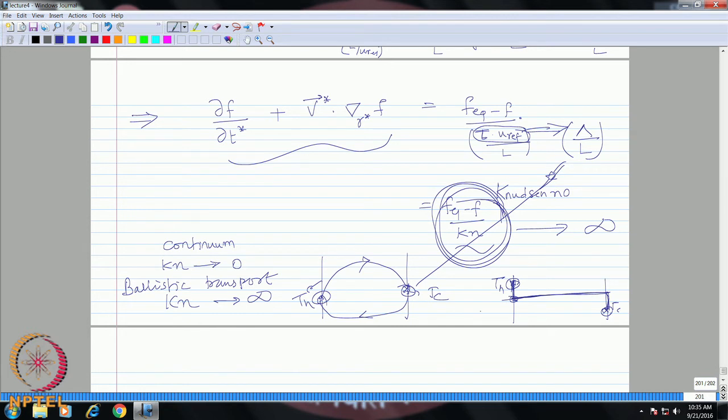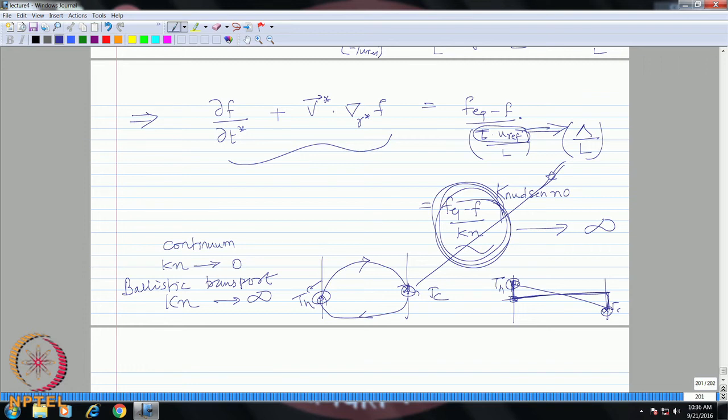As and when your Knudsen number keeps getting smaller and smaller, you are approaching the continuum limit. So, finally for Knudsen number going to 0, what will be the solution? How will the solution look? This is your linear profile based on your Fourier's equation. This is your classical conduction profile, right.